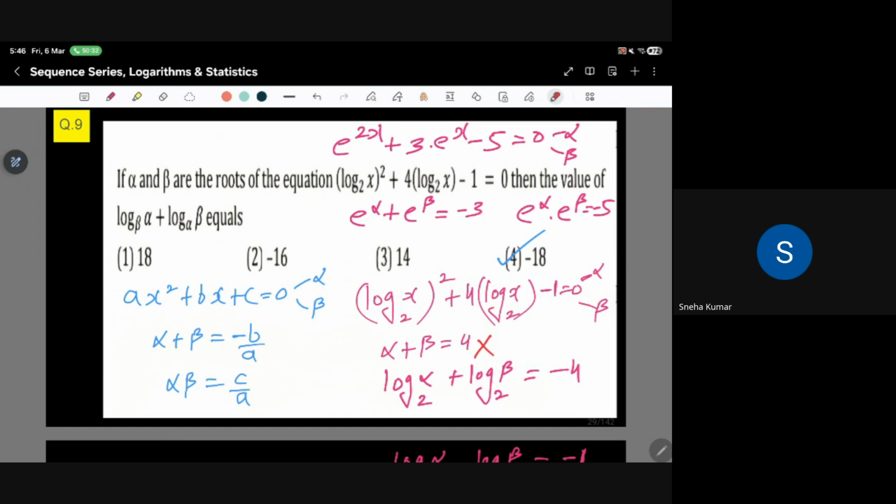Now see, they are asking the product of roots alpha and beta, so you have to find alpha and beta. Here, this is not the product of roots. This is the comparison, that is how you write it. Okay. Yes. Any doubts here in this?